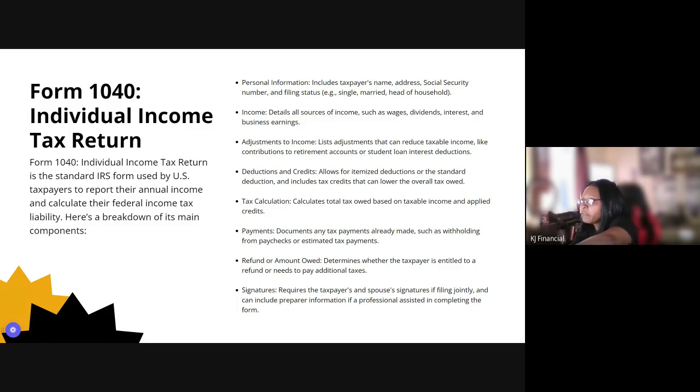Then you have your adjustments to income. It's a list of adjustments to reduce your taxable income, like contributions to retirement accounts. So that would be a 1099-R, if I'm not mistaken. But those are for individuals that take out from their retirement fund.